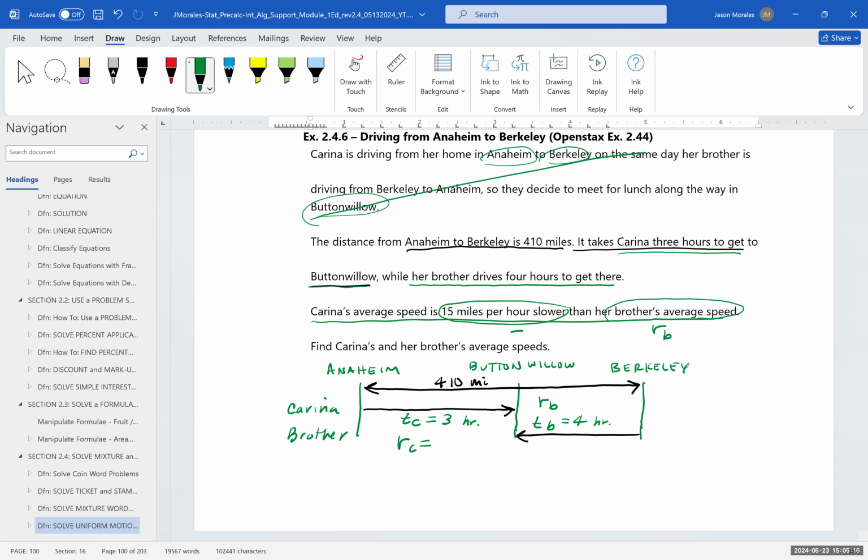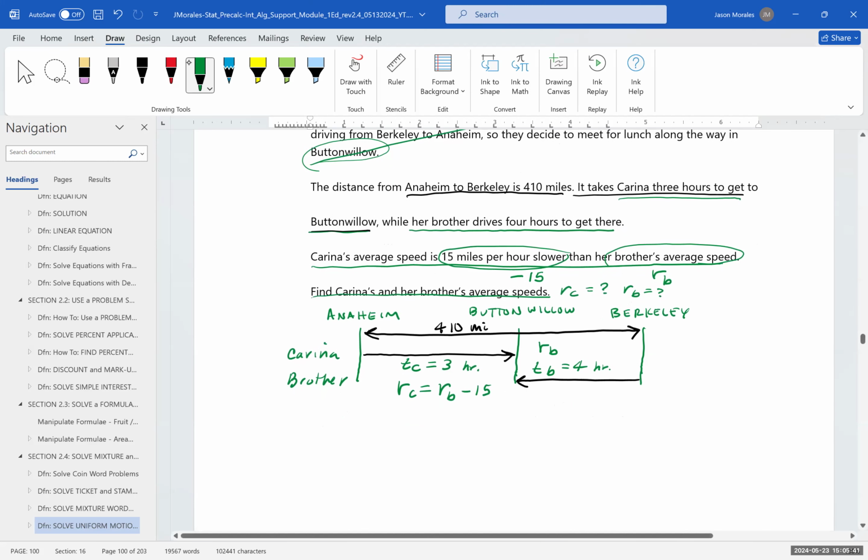So I'm going to interpret that as minus 15 than her brother's speed. So we're going to have her brother's speed minus 15. Okay, so now we want to find Karina and her brother's average speeds. So we want to find the rate of Karina and the rate of her brother.